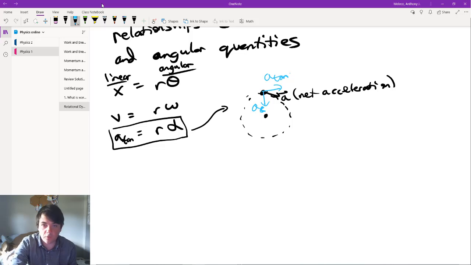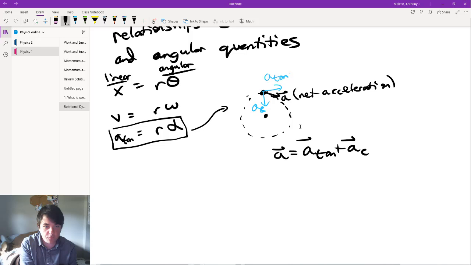You can also do what you can do with other vectors, where A can equal A tan plus AC.